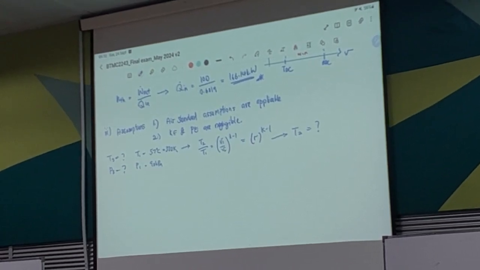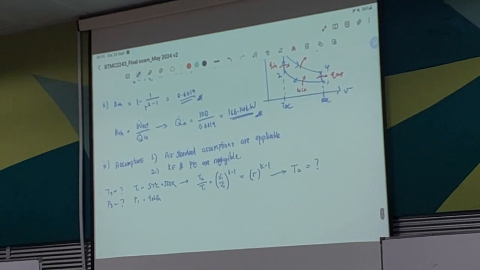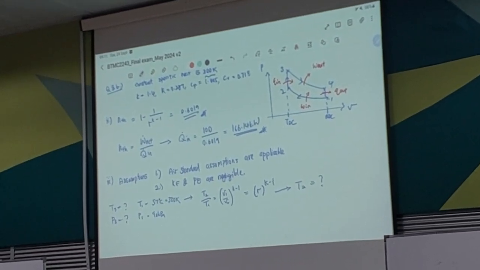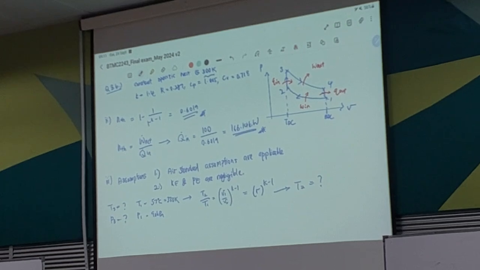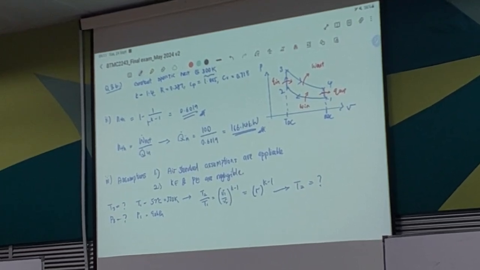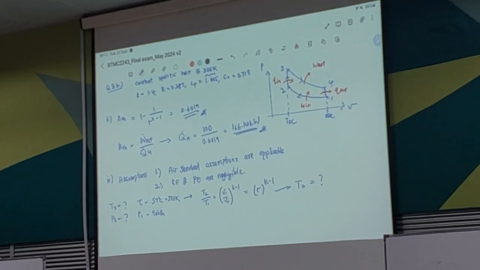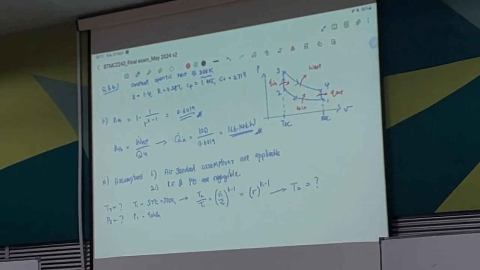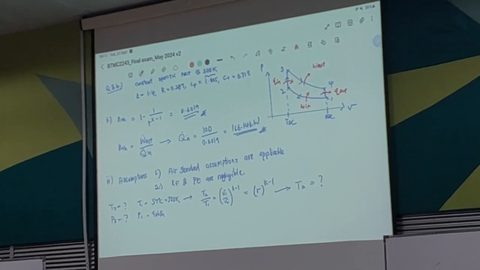So once you found T2, now you need to move on to T3. You can see that the reason why this question is split into so many parts is actually to guide you. If I asked right from the start to find T3 and P3, the solution might not be as obvious, because here I actually ask you to find Q in first.